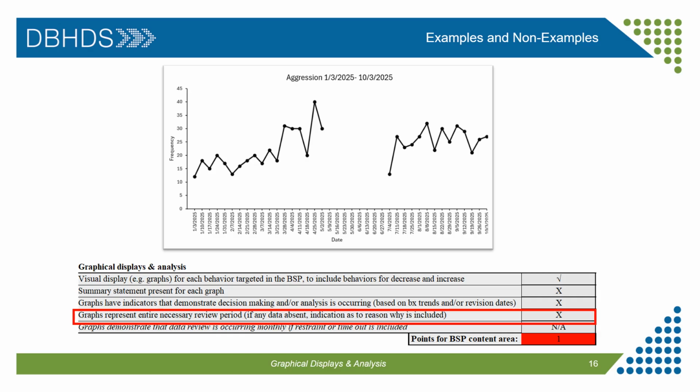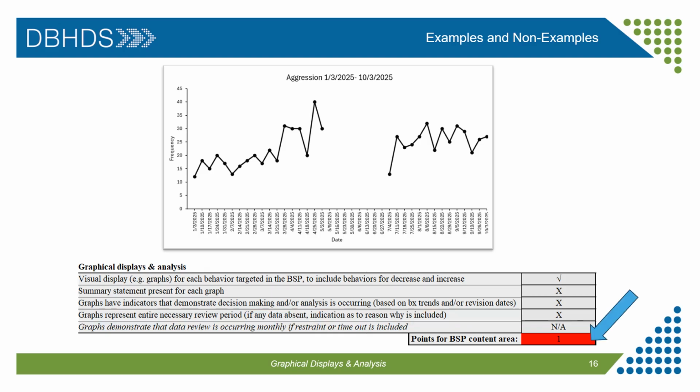And the plan did not earn a point for the graphs representing the entire necessary review period, as there is a large gap in the data path and no reason was provided for the missing data. We can see that this plan scored one of the 5 possible points in the graphical display and analysis section of the BSPARI. Now let's look at an example of a plan adhering to the required elements in this section.